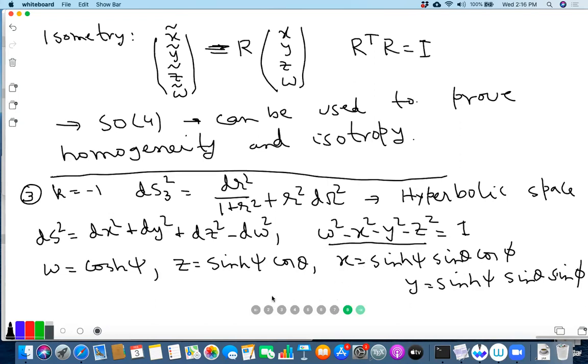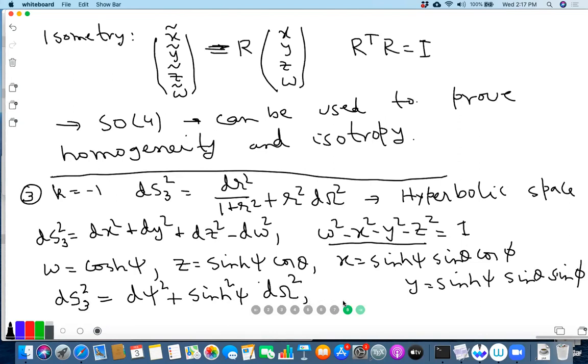And then once you substitute and calculate ds3 square, you get this to be d psi square plus sine hyperbolic square psi times d omega square. Here d omega square is again d theta square plus sine square theta d phi square.